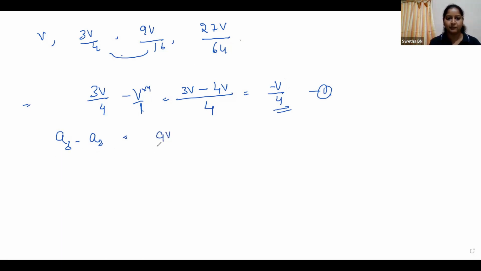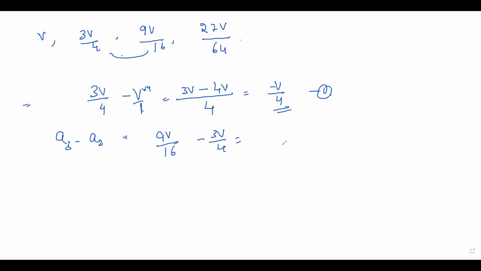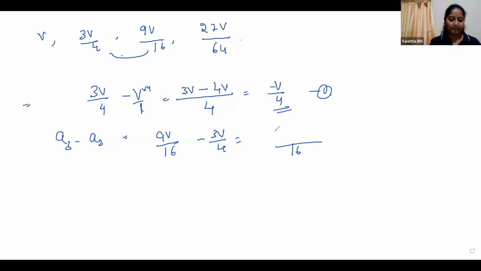A3 is 9V by 16 minus 3V by 4. What is the answer? Ma'am, 6V. 16 is the LCM, then? Ma'am, 13. 9V minus?